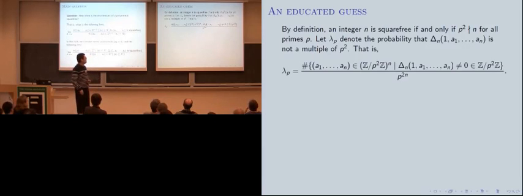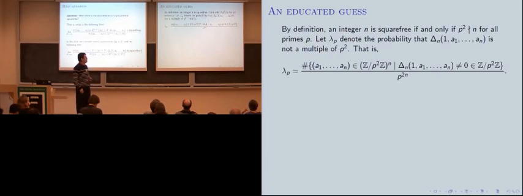All right. So before proving anything, you can make an educated guess. What does it mean to say an integer is square-free? It means it's not a multiple of p squared for every prime p. Well, it's kind of hard to do it for all primes at the same time, so let's do it one prime at a time. For each prime, I can define this probability, lambda p, that the discriminant is square-free at p. That's just, you allow the coefficients to vary in Z mod p squared Z, and you ask for the proportion where the discriminant is non-zero.